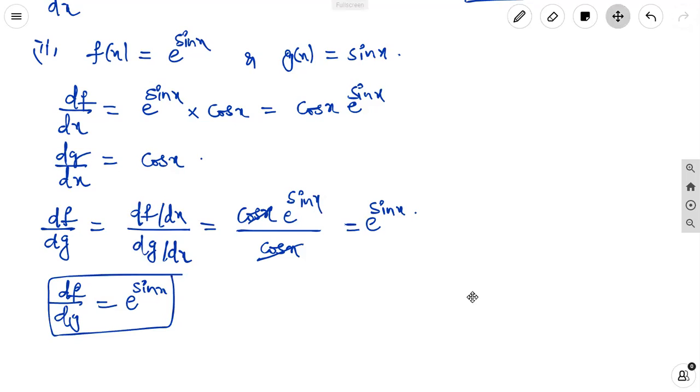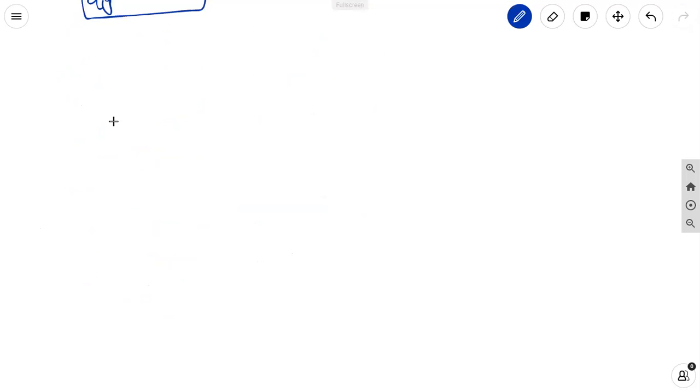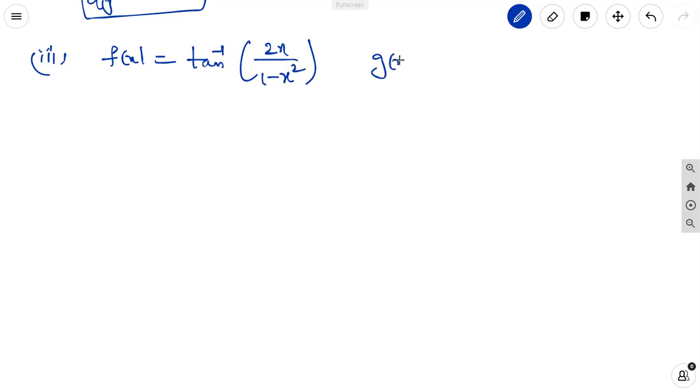Third one. f function is tan inverse of 2x by 1 minus x square. g function is sine inverse of 2x by 1 plus x square.